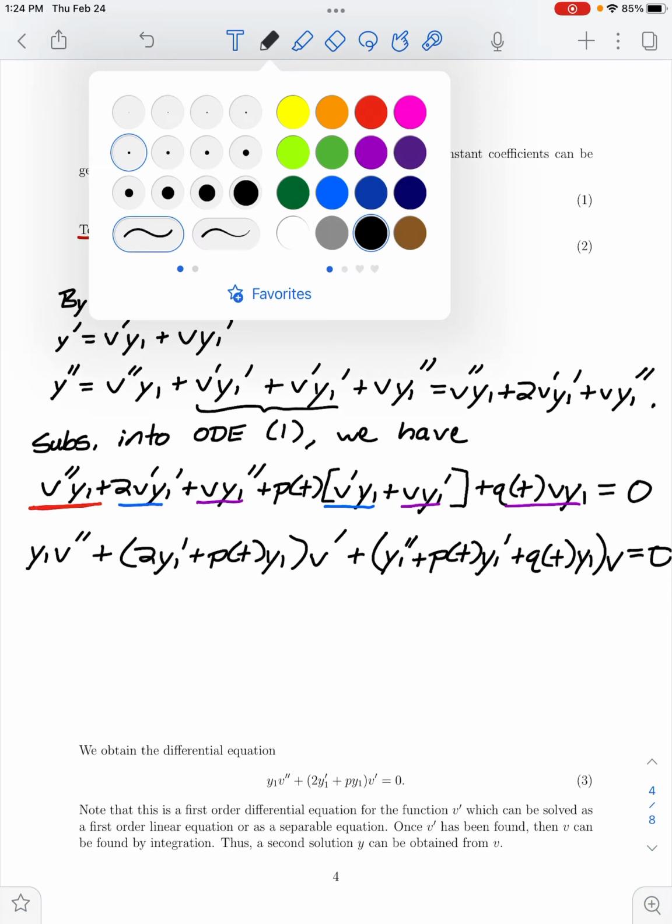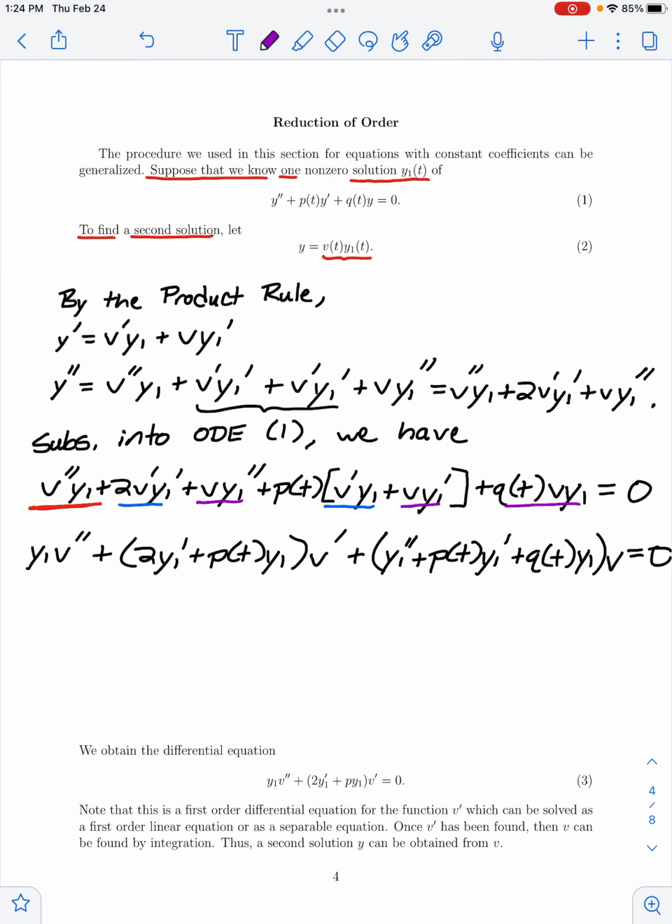So now if we look at the coefficient in front of v, we have y1 double prime plus p of t y1 prime plus q of t y1, which is exactly my differential equation from above with y1 substituted into it. And we know that y1 was a solution of that equation.